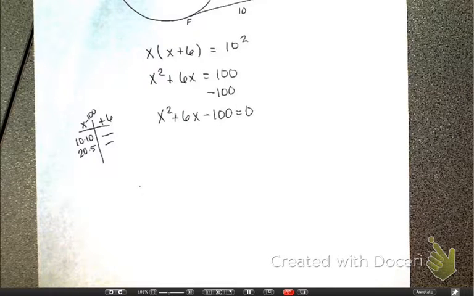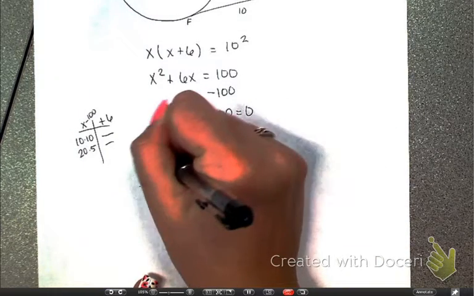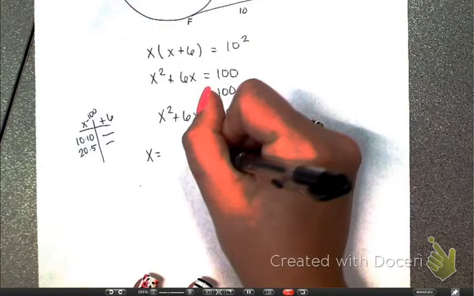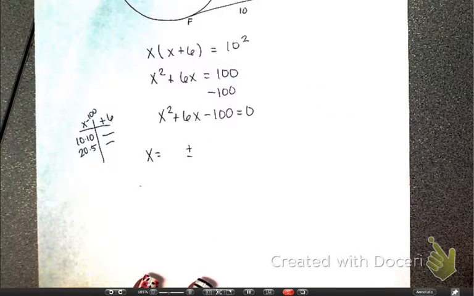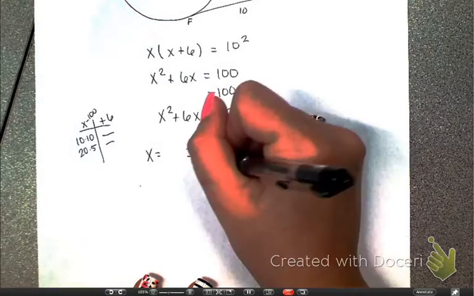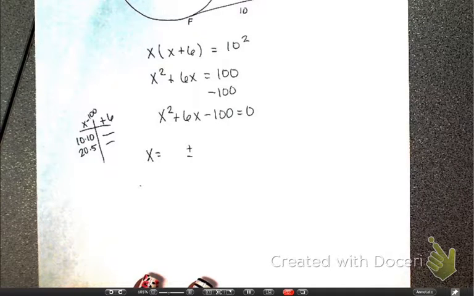If we have a quadratic equation, the quadratic formula. Who remembers the quadratic formula? Can I try? You can try. Plus minus b, x equals plus minus b square root b minus 4ac all divided by 2.